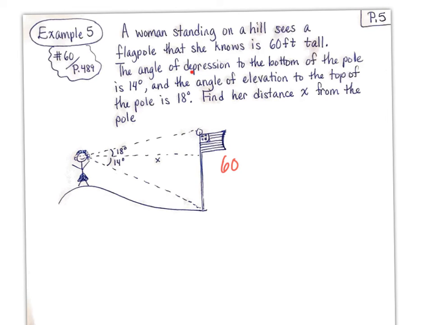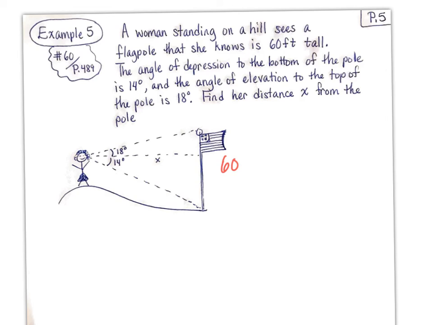Then the angle of depression to the bottom of the pole is 14 degrees. So from here to here, you have 14 degrees. The angle of elevation to the top of the pole is 18 degrees. So that's this. Find her distance, x, from the pole.